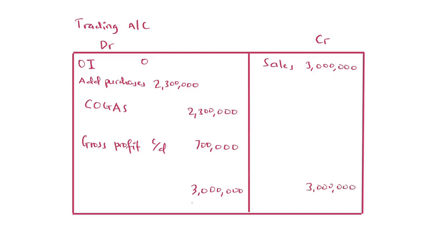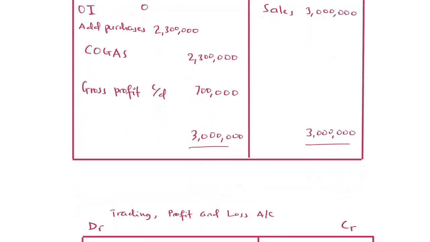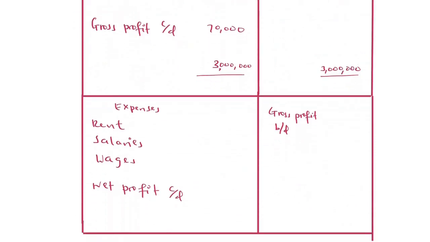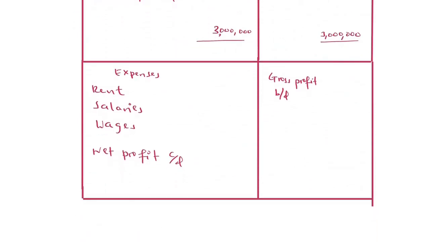Okay, so next we are going to prepare the profit and loss account. We have to recall that the profit and loss account is going to take other expenses in order to get the net profit from the business. So here we are going to have a gross profit brought down coming from the trading account. The value is 700,000. Then on our debit side, let us now list the expenses given. So here we have rent, which have been given 200,000, salaries 250,000, wages 100,000.